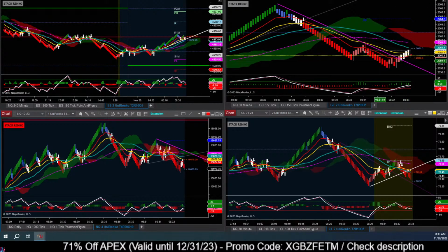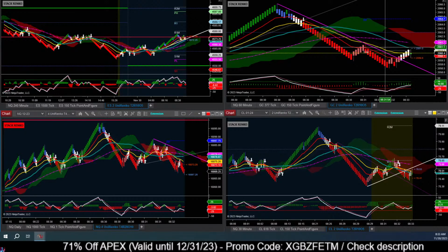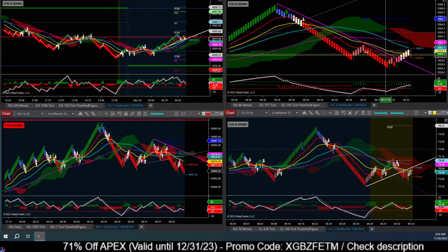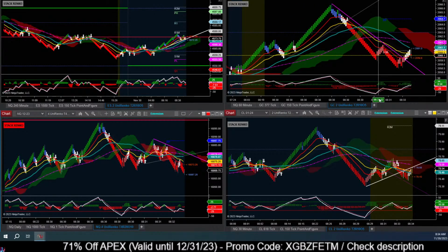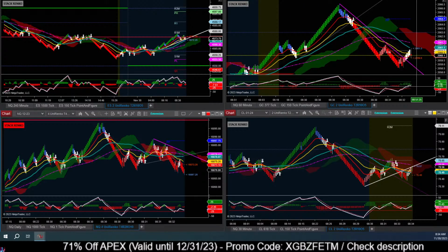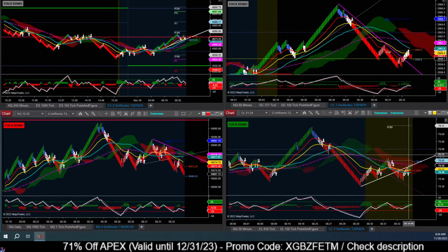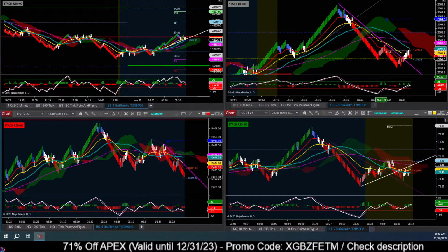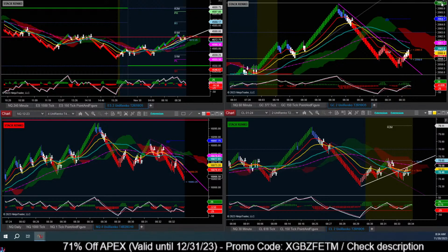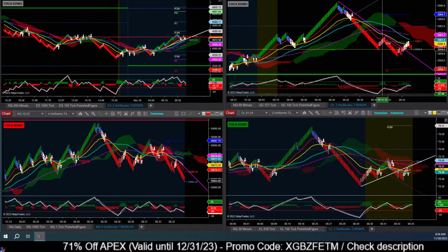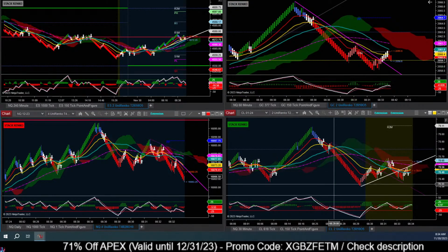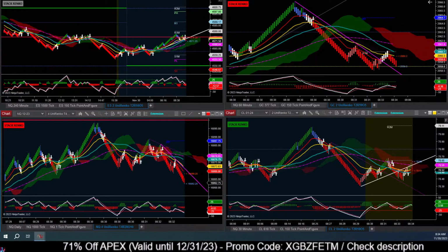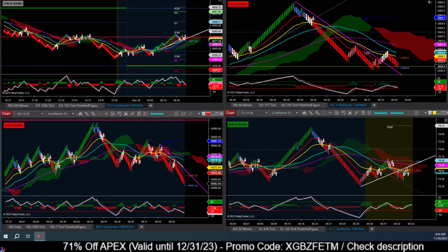Trying to trigger a wick out of the 34 or even the 50. And triggered a wick now. And there we go.